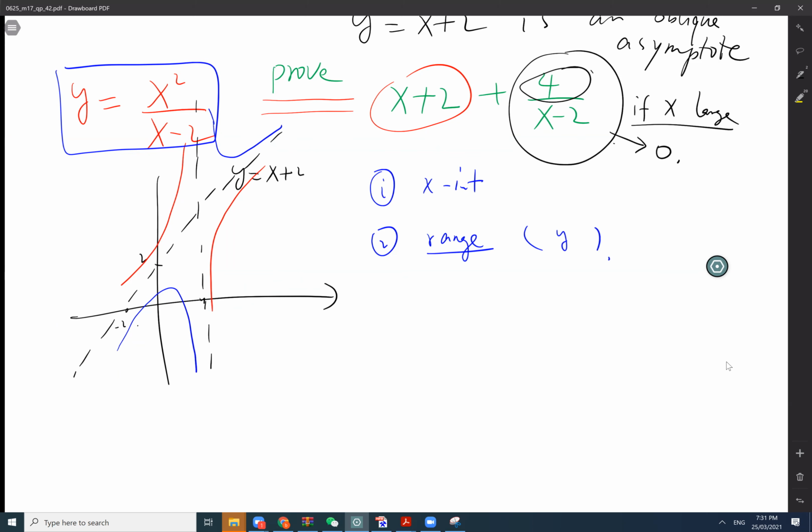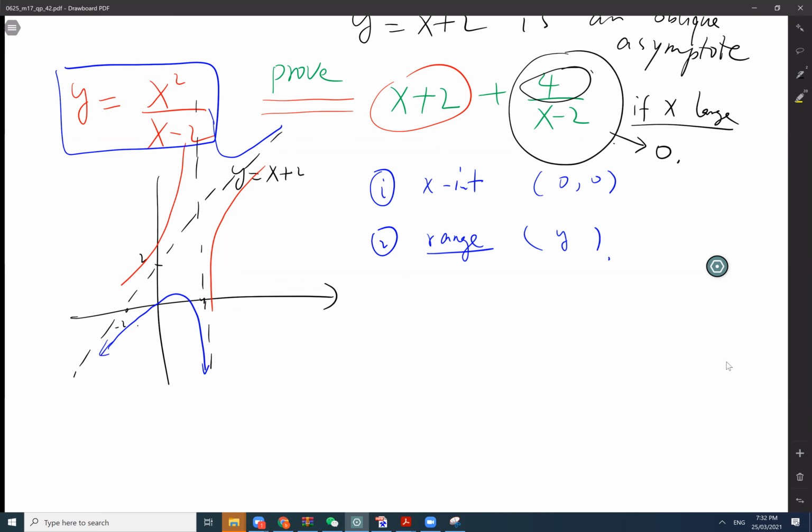Number 2, for example, the x-intercept is just 0, 0: you substitute 0 into x, you get 0, 0. So the curve really just passes through this point, like this, with the asymptotes.